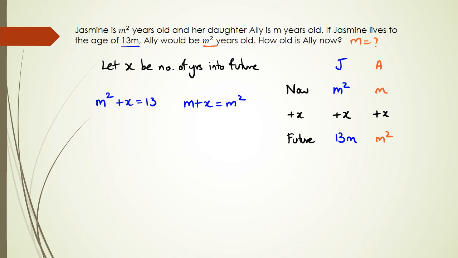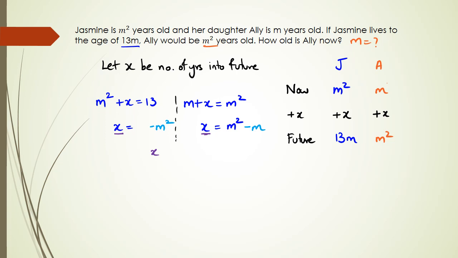What I want to do is get rid of X. So I can rewrite X as 13m, and m squared when it comes to this side becomes minus m squared. I pretty much do the same thing with Ali's age. I want to put X by itself, which means I get m squared, and the m, when I take it over to the right hand side, becomes minus m. So what I now have is X equal to this X here, because that's the amount of years into the future.